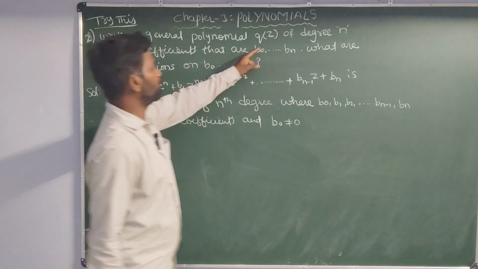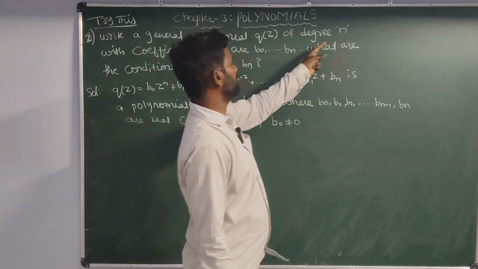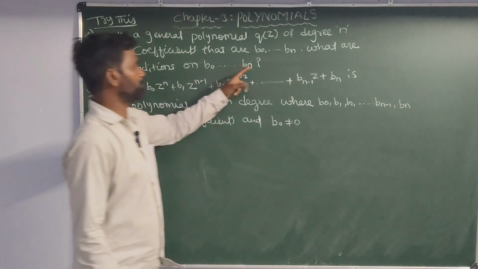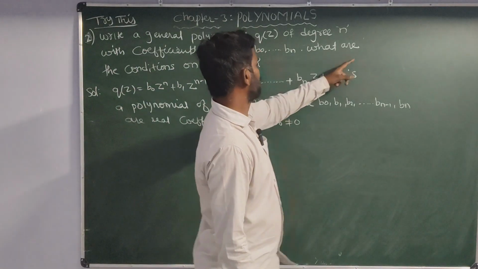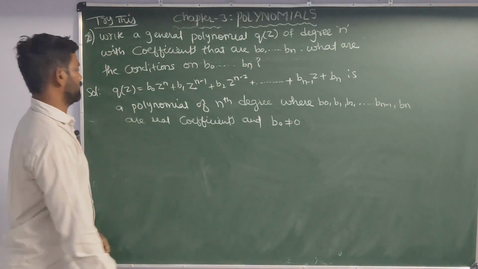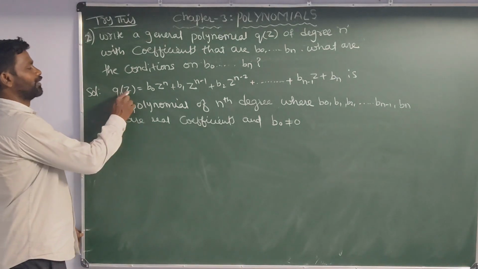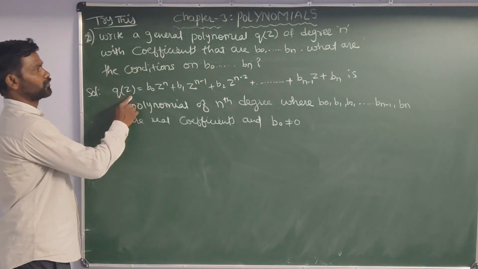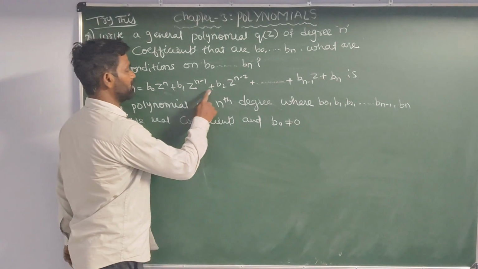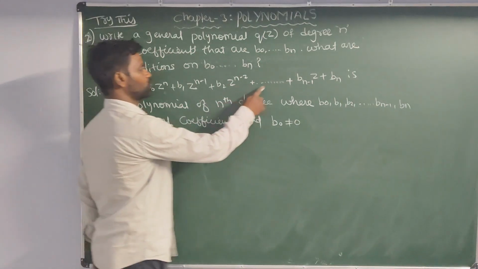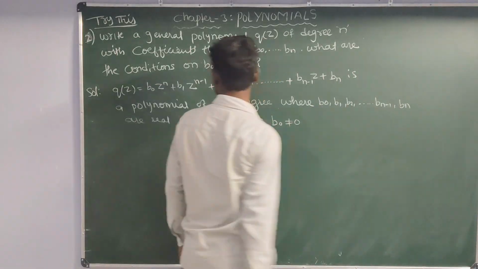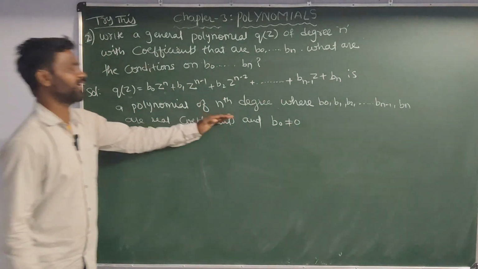Next, try the second question. Write a general polynomial q of z of degree n with coefficients b0, b1, so on bn. What are the conditions on b0 to bn? Okay. So this is the representation that q of z is equal to b0 z power n plus b1 z power n minus 1 plus b2 z power n minus 2 so on bn minus 1 z plus bn is a polynomial of nth degree.